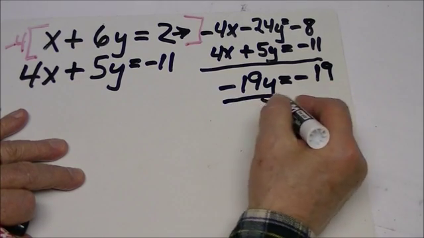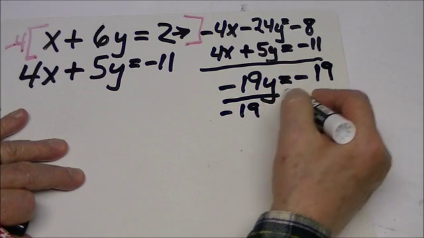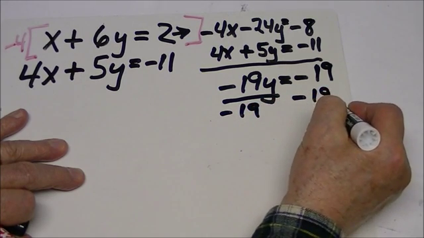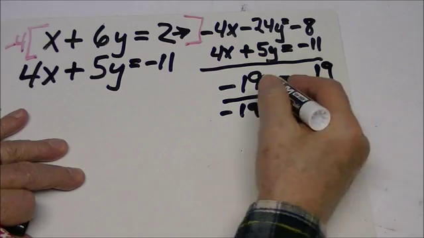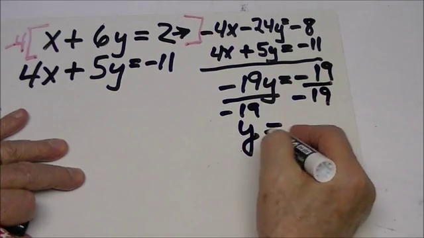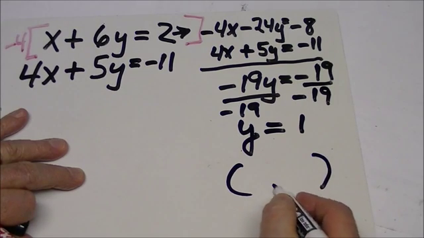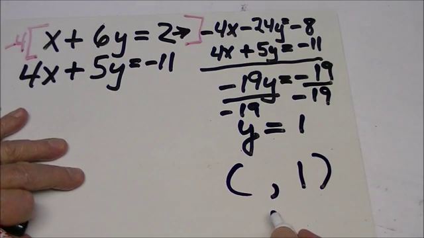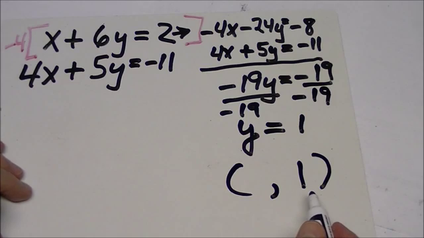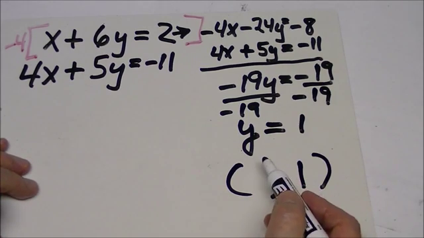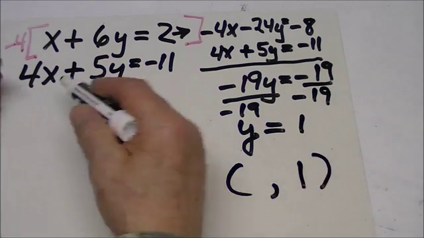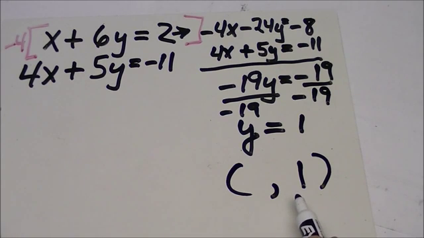So, again, I divide both sides by a negative 19. I get y equals 1, and that's what we had earlier, that y is 1. Sometimes we might have reversed letters, but not here.